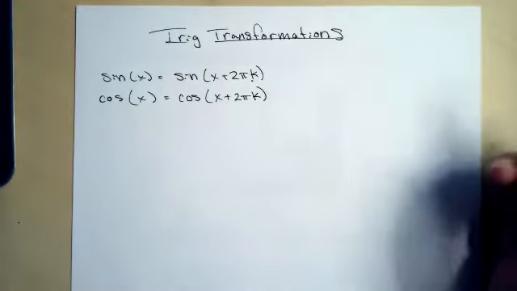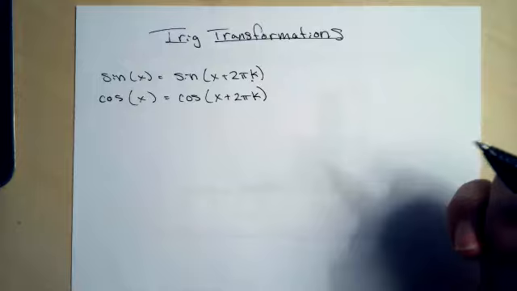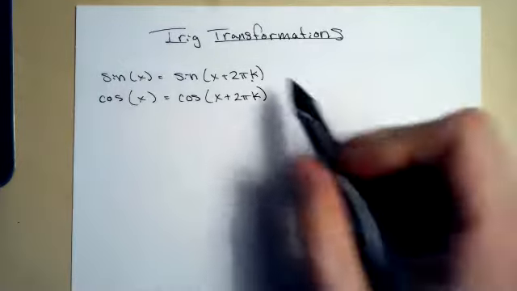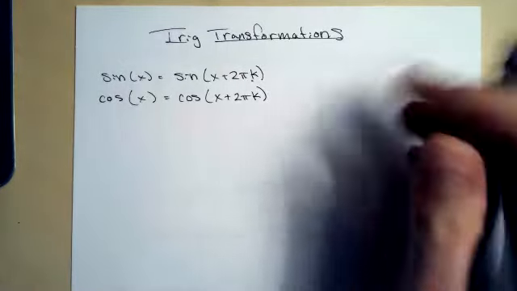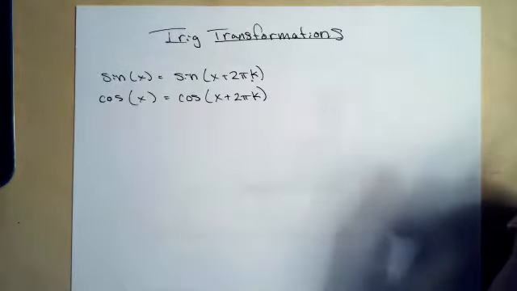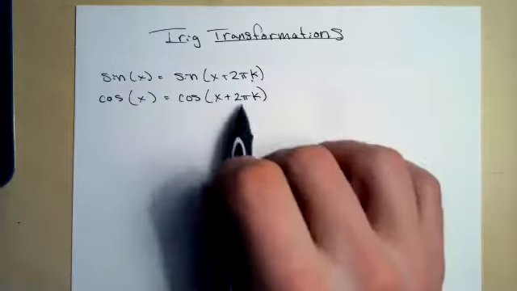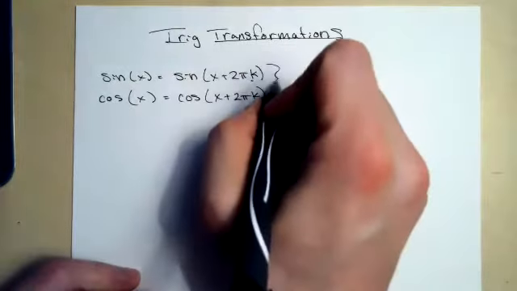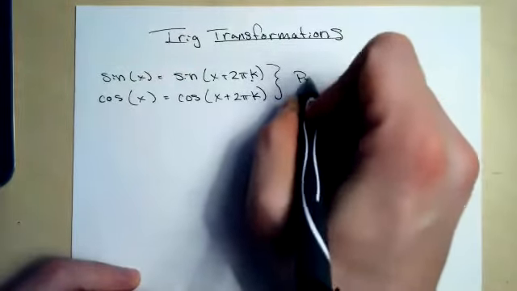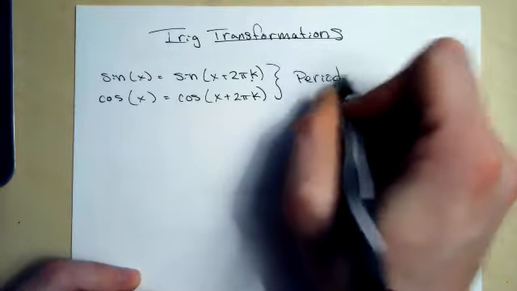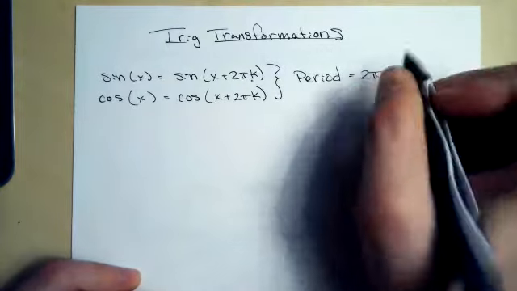So while the number we use to describe that angle is different, the ratios of the side lengths are always going to be exactly the same. And so sine and cosine, we say, are periodic and have a period of 2 pi.